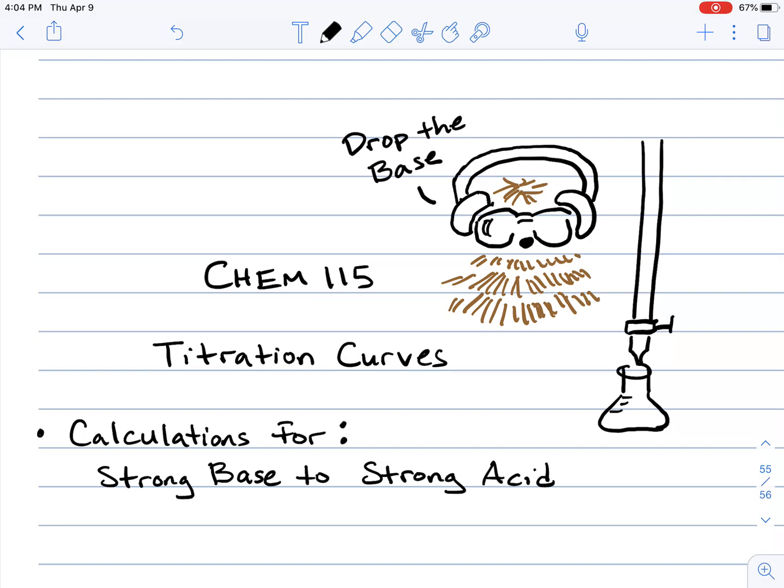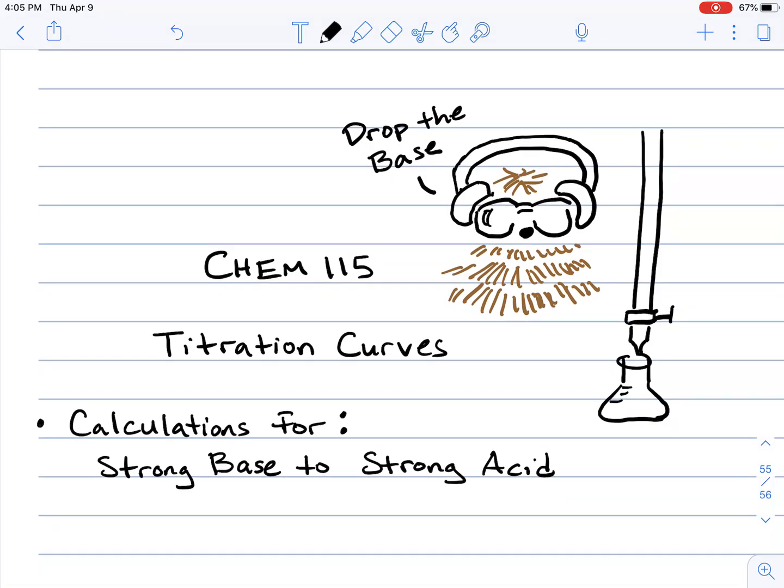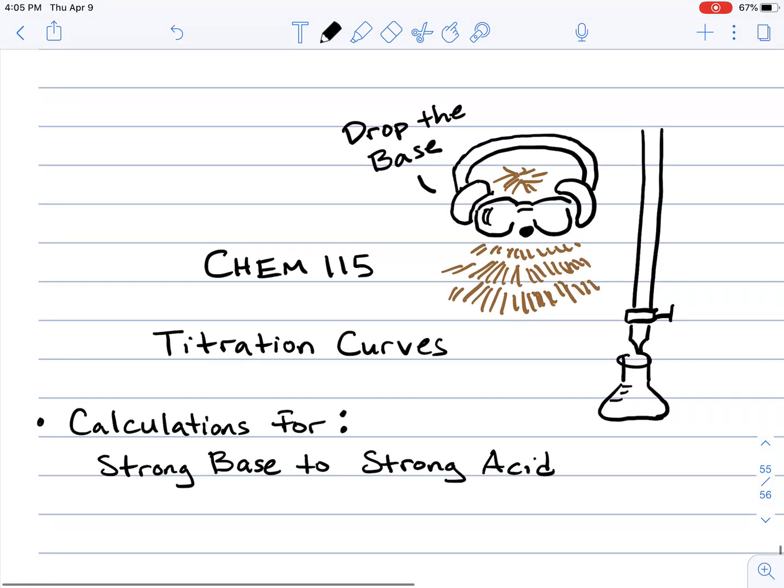In this video, we are going to learn how to sketch a titration curve by calculating the pH of the solution as we incrementally add titrant into it. This video discusses the calculation for a strong base to a strong acid.